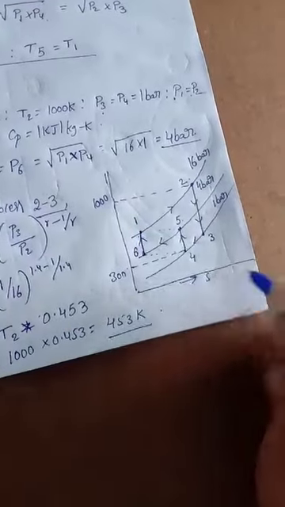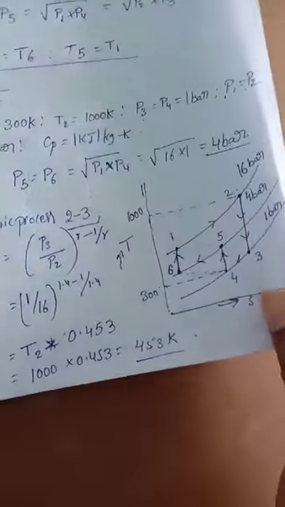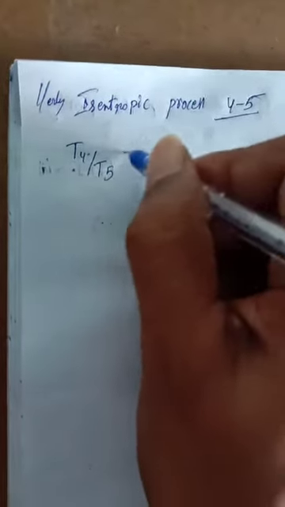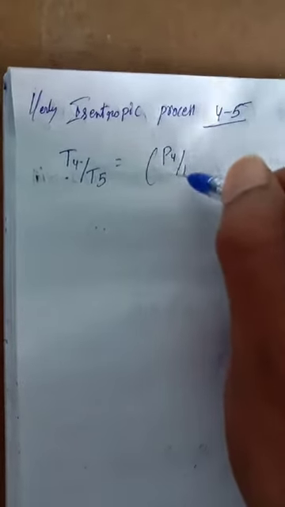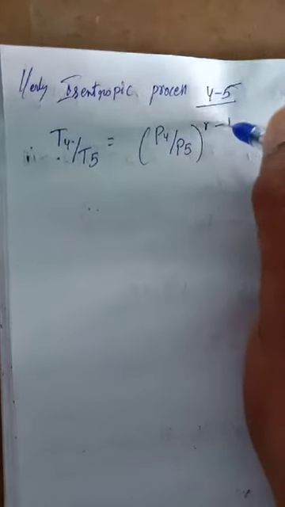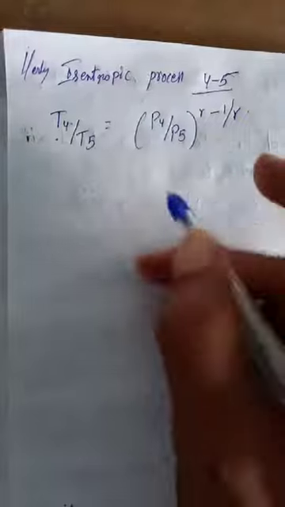Now here is S and here is T. Similarly, we are going to take the isentropic process 4 to 5. Then here T4 divided by T5 is equal to P4 divided by P5 whole power gamma minus 1 divided by gamma.